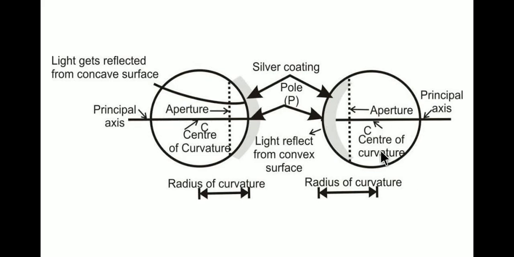The distance from here to here is called the radius of curvature in both cases. This is the pole. Pole means the center of the mirror. And this is the silver coating. Silver coating means the mirror has been polished so that it can reflect light.